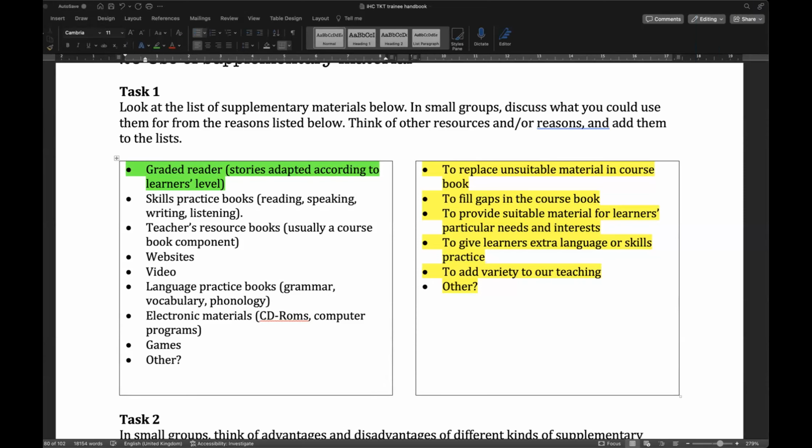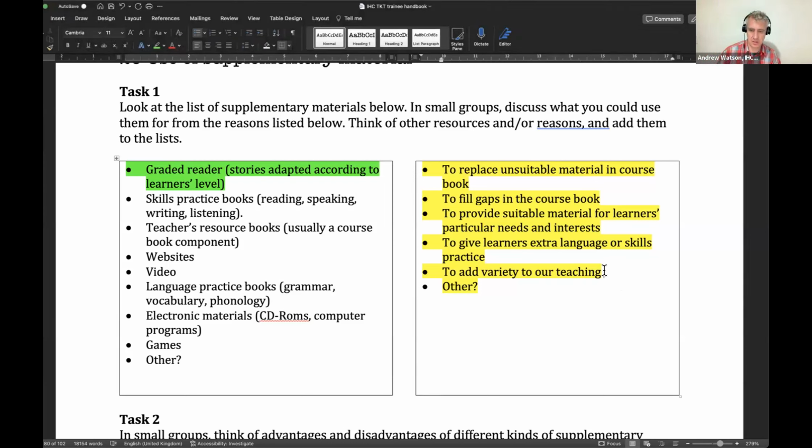Okay. Flashcards is a good idea, but what would you use them for? To show them a picture about the meaning of some word. Yeah, that's right. So that would be a good reason now, wouldn't it? Yeah, to help us clarify meaning and form.